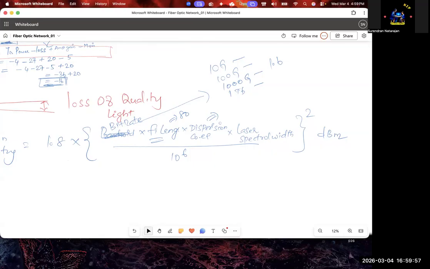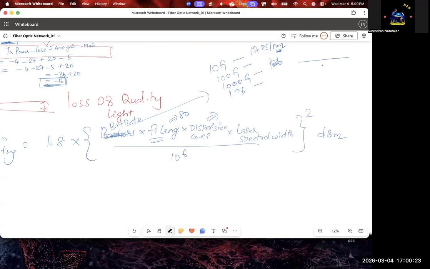Okay, for 10 gigabit, it is 17.17 picoseconds per nanometer. How they measured it means nanometer, this is distance, and ps is time. So your light is traveling over a distance.